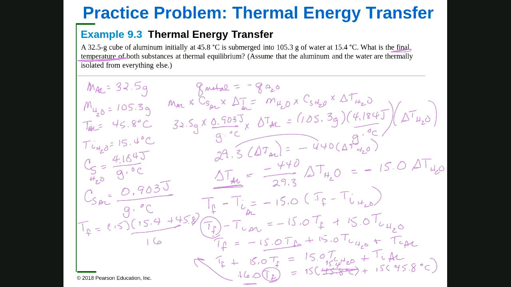So 15 times all of those things, and then T sub F is going to give me 17.3 degrees C.